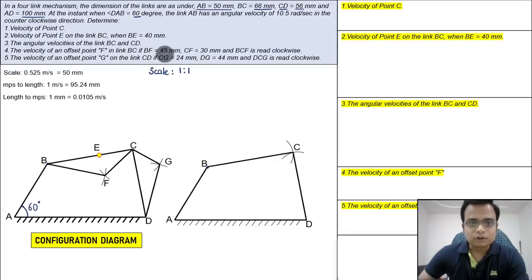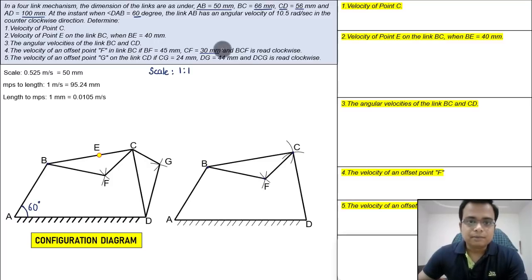FB has been given to us as 45 and FC as 30 millimeters. So from B you need to cut an arc of radius 45 millimeters. Do the same with a radius of 30 millimeters, with C as the center, cut an arc again, and this point is your point F.